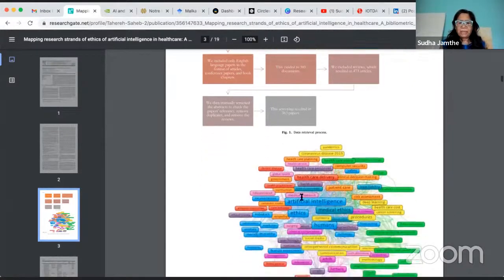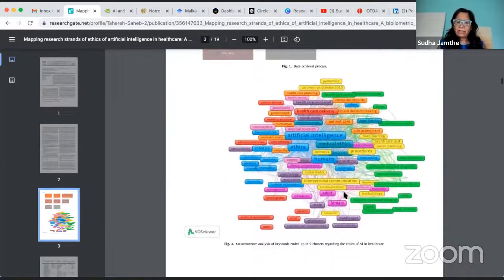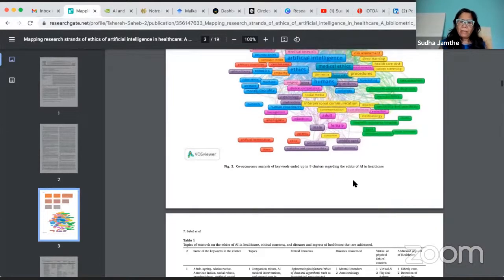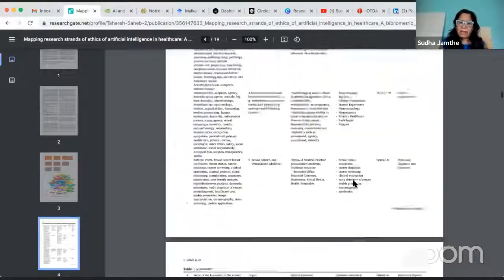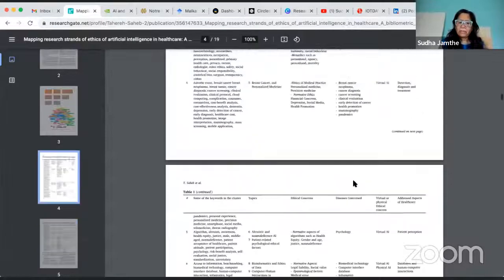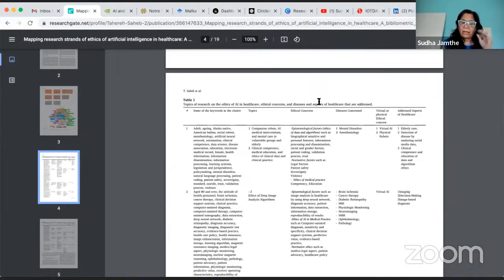Then she organized to see what the key patterns were. This was the word cloud that she produced, and she ended up with 383 papers. Her whole research paper is taking that and looking for patterns and what are the areas that the papers are focused on. Her whole research was, she wanted to find out what are the topics of research on AI ethics specifically in the healthcare space.